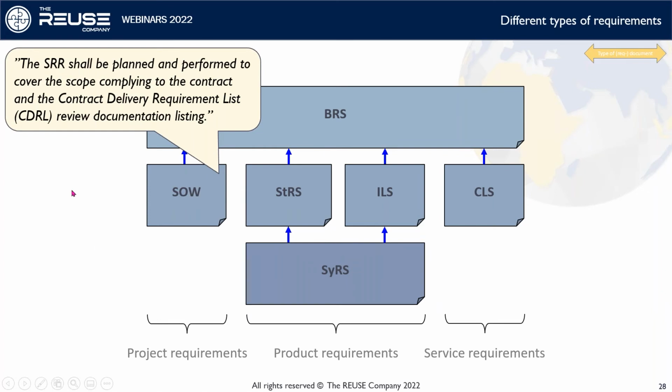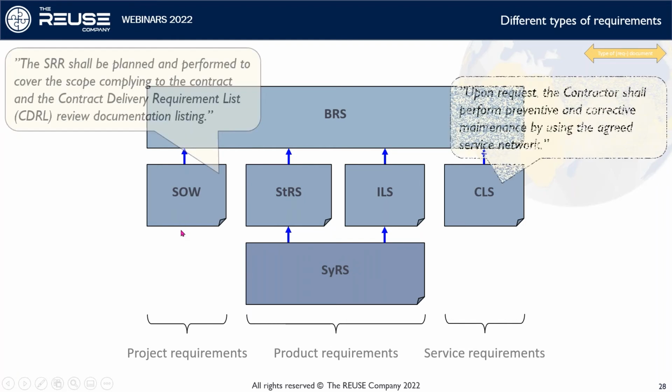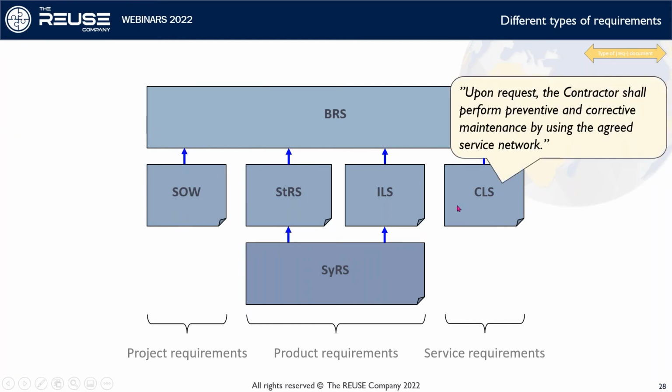Project requirement could be something like, well, during the project, there should be a system requirement review carried out, and there should be document deliveries according to the contract delivery requirement list, and so on and so forth. That has nothing to do with the product. It's more how to operate the project. And service requirements could specify requirements on how the service provider should react on maintenance needs and so on.